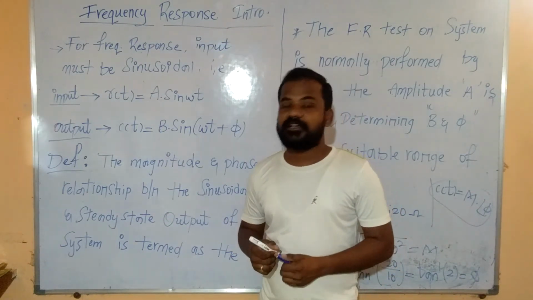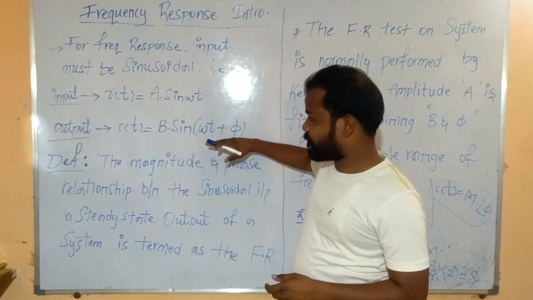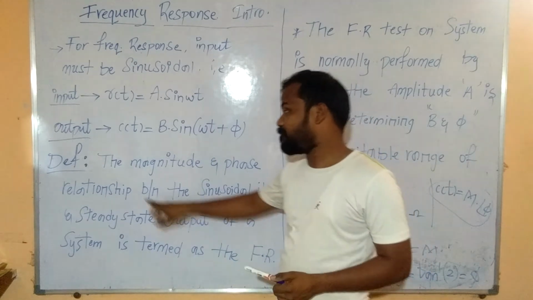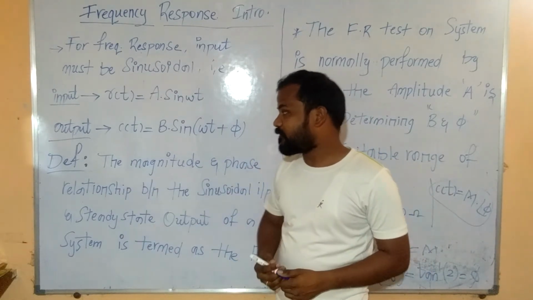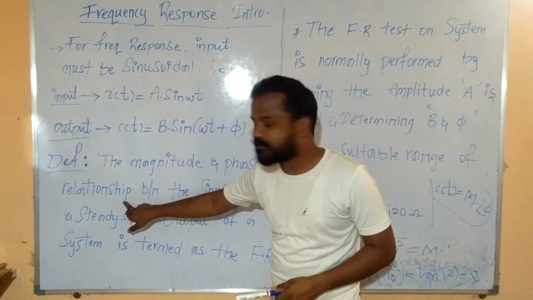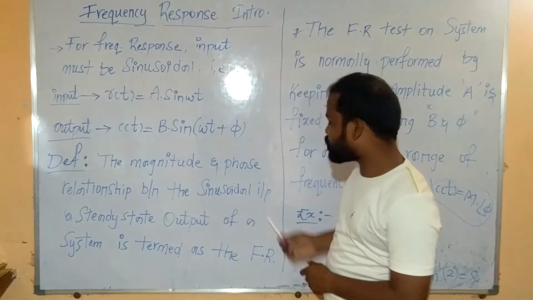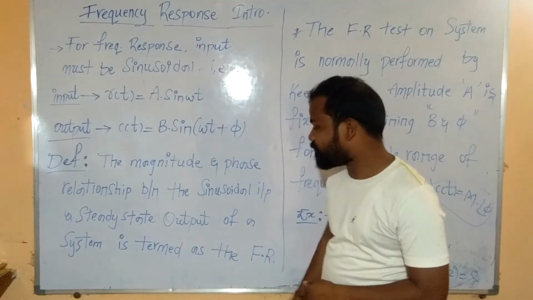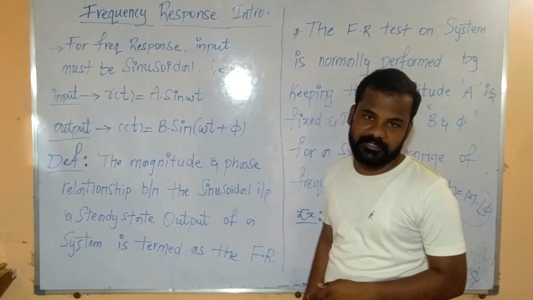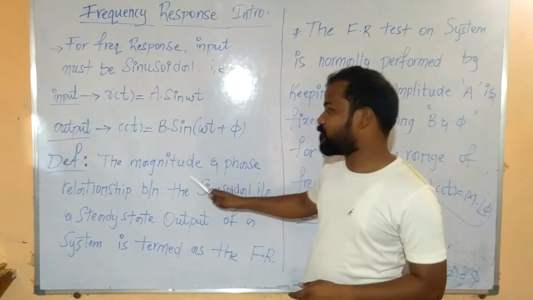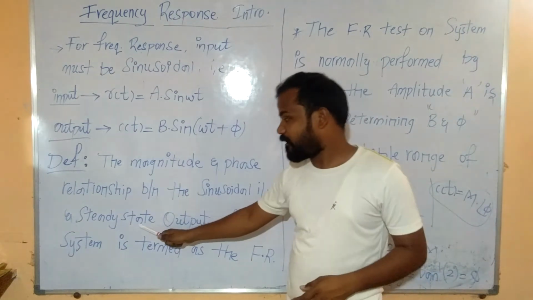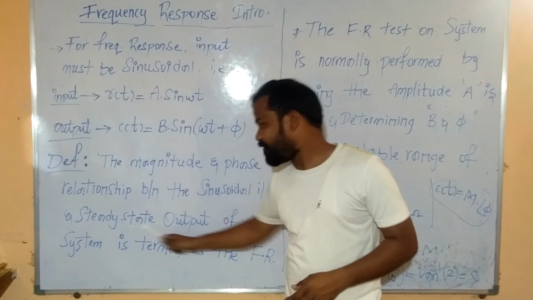With the help of this, I can define the frequency response. The definition of frequency response is: the magnitude and the phase relationship between the sinusoidal input and the steady state output of a system is termed as the frequency response. It means we include the input sinusoidal function, and we talk about the steady state output.